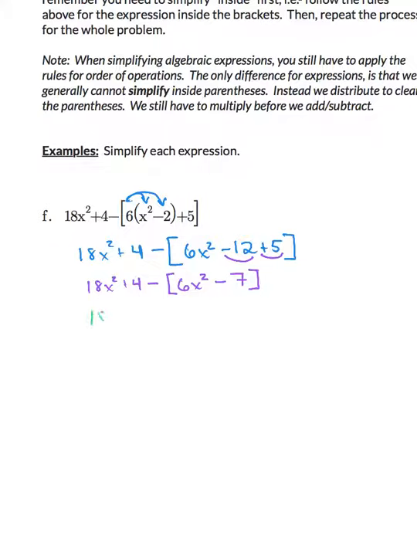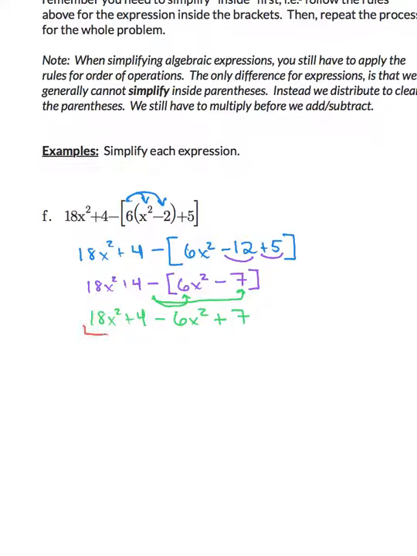So I'm going to bring down my 18x squared plus 4, it stays the same, and I distribute my negative, so we get minus 6x squared. We have minus negative 7 becomes plus 7. From there, we can go ahead and combine our like terms.